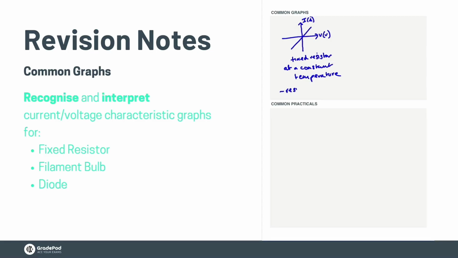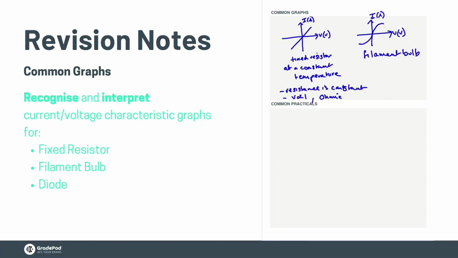So resistance is constant, V is proportional to I, and it's ohmic. And then do your filament bulb, so your S shape, I against V, and this is a filament bulb. You know the score. You go and fill out this part of your revision notes in the common graph.